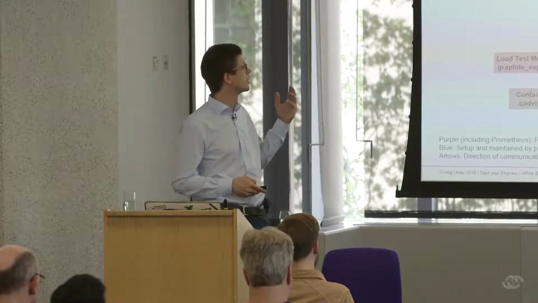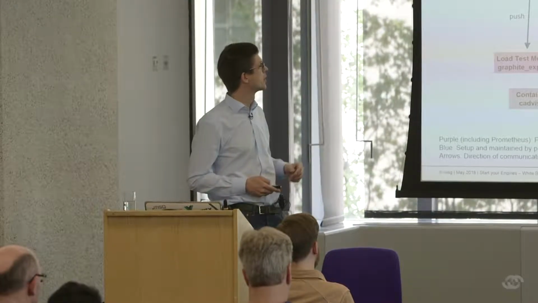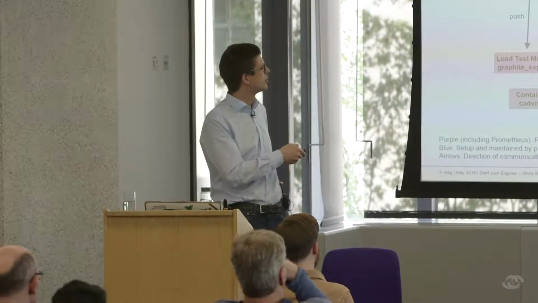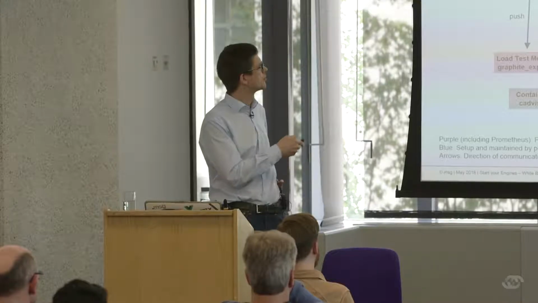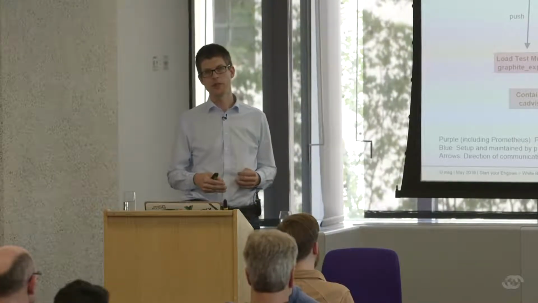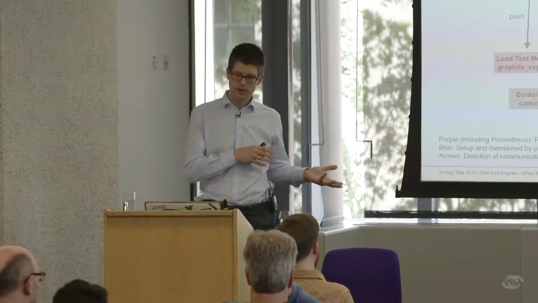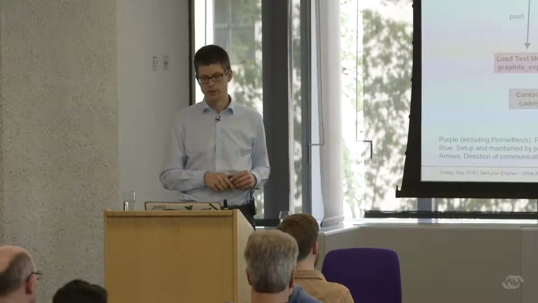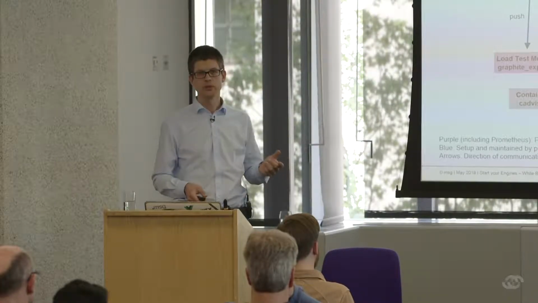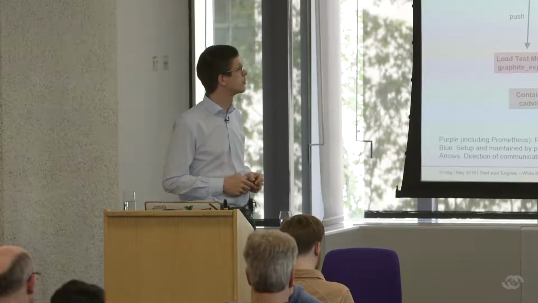All this information needs to be pulled by Prometheus, and actually pulled in this setup from a graphite exporter, because Gatling and JMeter cannot export this information directly to Prometheus, at least in the version shipped from the Gatling and JMeter homepage. They first ship it to the graphite exporter, and from there, Prometheus can pull this information.